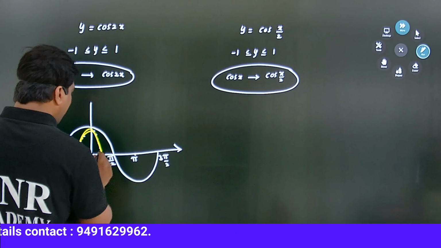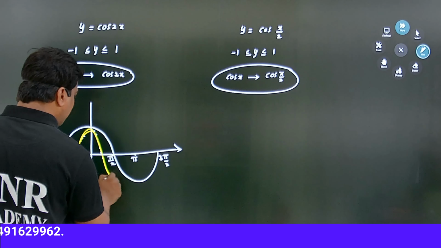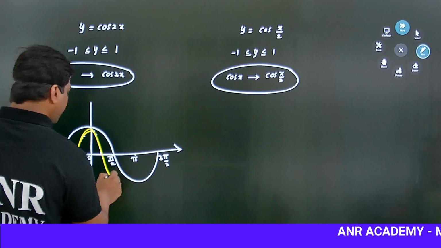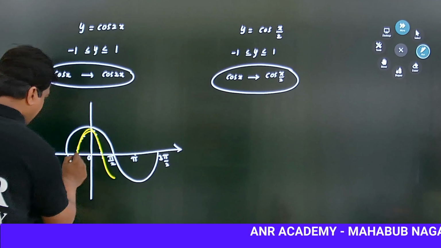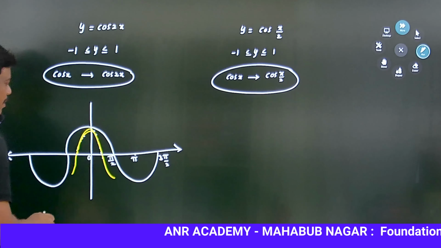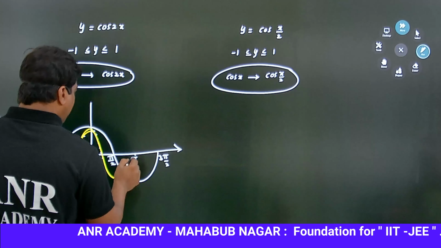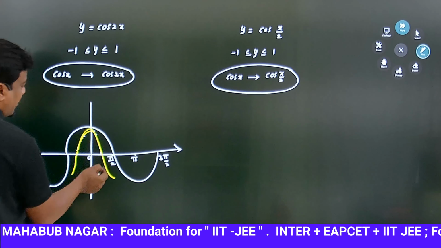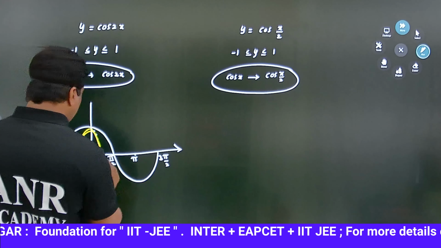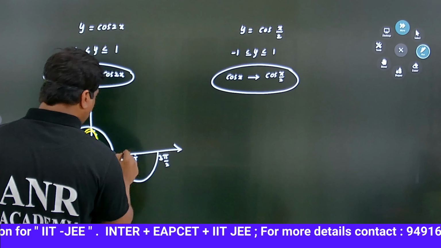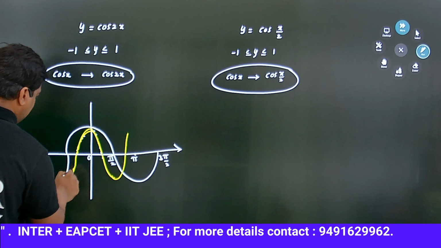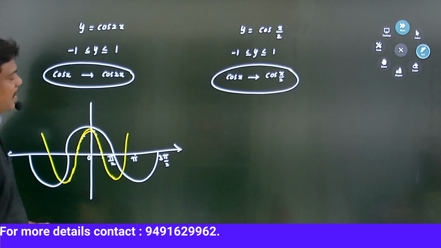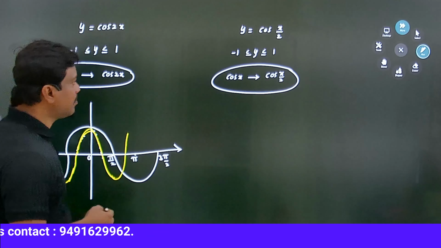Next, at pi by 2 it becomes minus 1. Here this is the graph. Next, for pi it is minus 1, and here at pi by 2 after transformation it becomes minus 1, and then the graph exists in this way. You have to extend this like this.